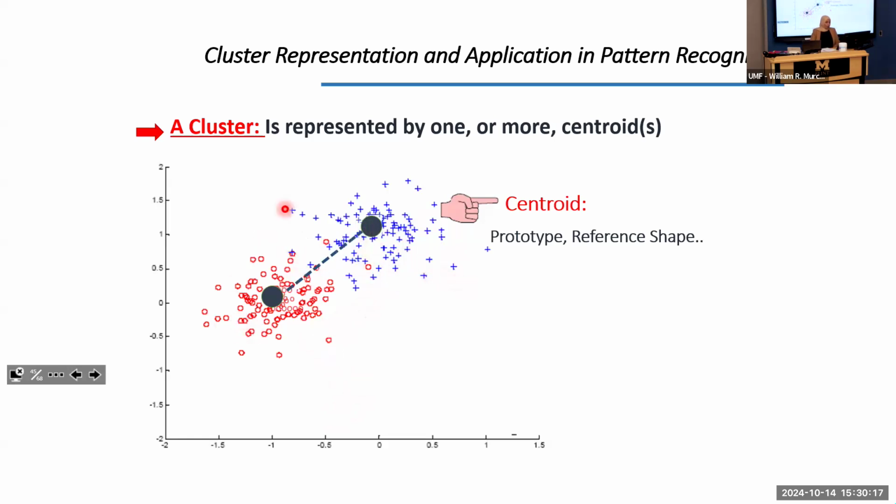Now, if next time a new element comes into this 2D space, I want to decide whether it belongs to this centroid, the representative of the blue plus, or to this centroid, the representative of the red circles. How can I decide?